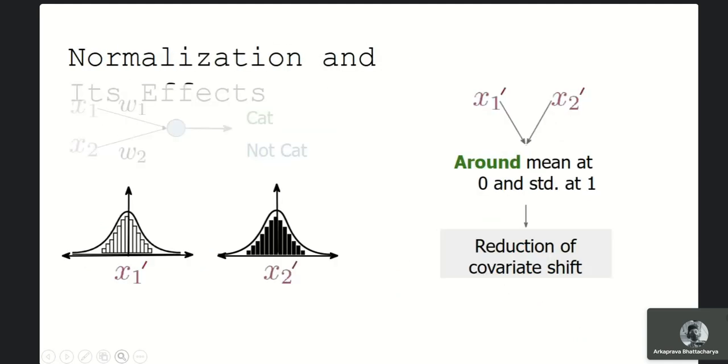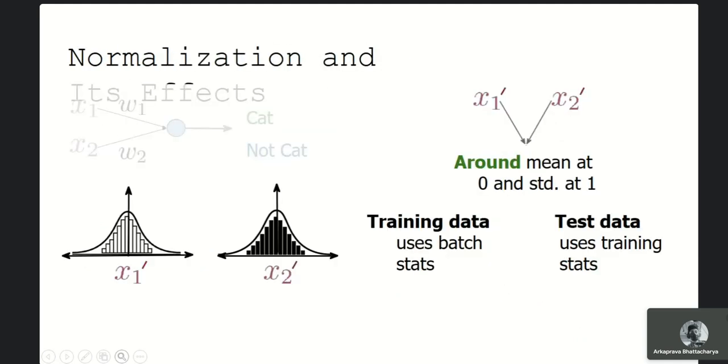So now, as I told you, this batch normalization you can use for your training data, because for the training data you have the entire batch of the training set that you're providing to the neural network. So you can effectively calculate the mean, you can calculate the standard deviation, and you can normalize your data. But what about the test data?